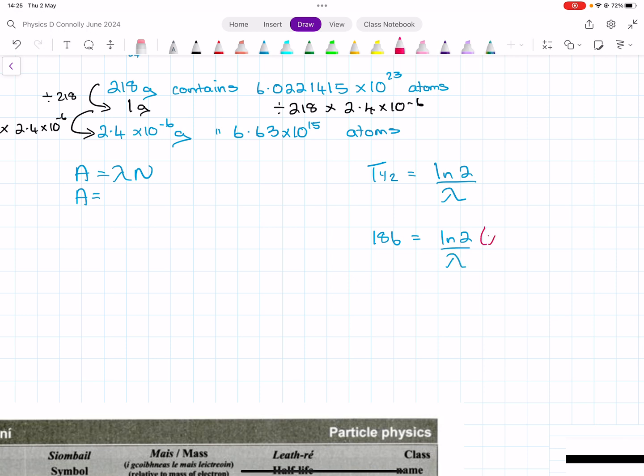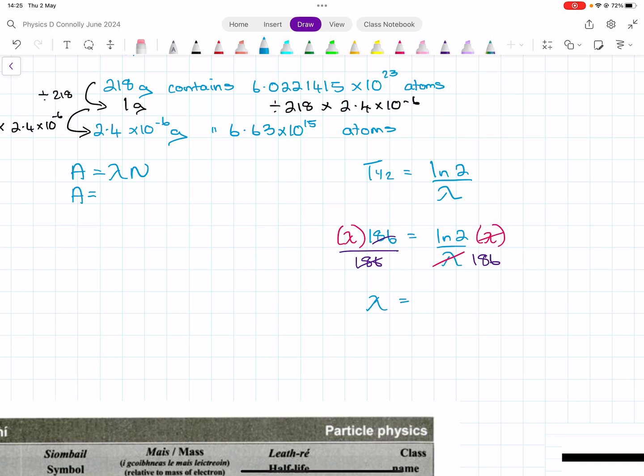Same again as we did a minute ago: multiply by lambda and divide by 186. So I get lambda equals ln2 divided by 186, which is 3.73 by 10 to the minus 3.